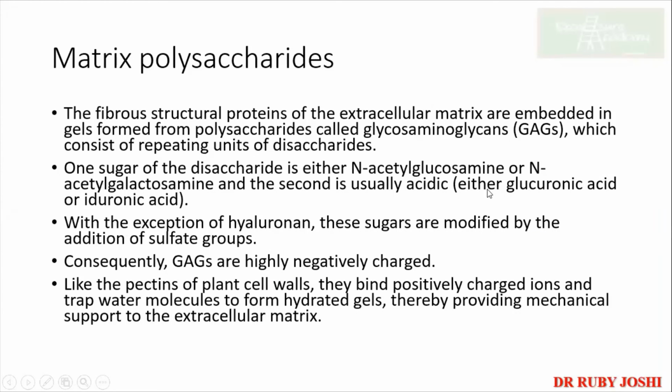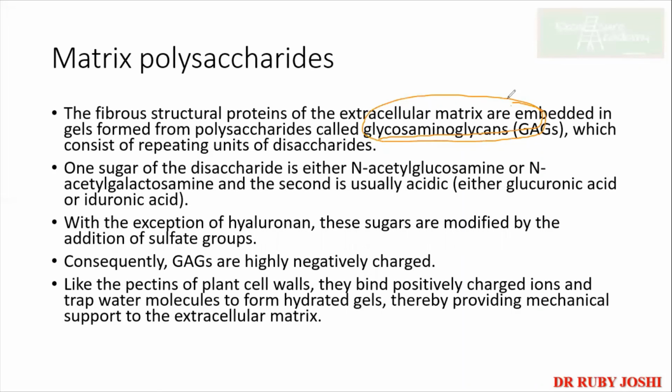Now that was all about the matrix proteins. Now coming to the matrix polysaccharides. Okay, so it's a fibrous structure of proteins of the extracellular matrix embedded in the gels, which is formed by the matrix polysaccharides called glycosaminoglycans, which consist of repeating units of disaccharides. So they are your GAGs, glycosaminoglycans.